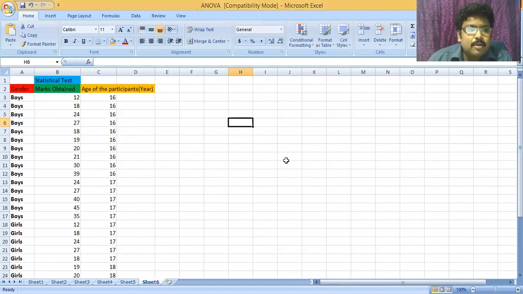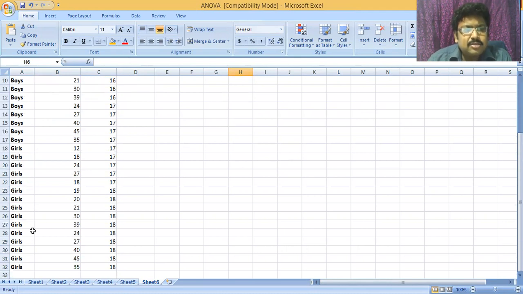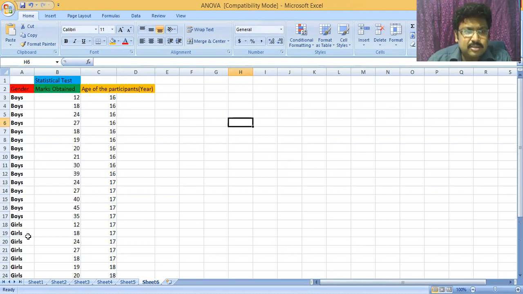There is a statistical test, and in that test, 15 boys and 15 girls participated. Their marks obtained in that particular statistical test are here.